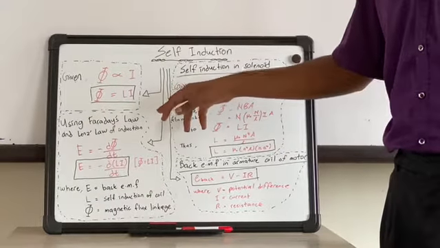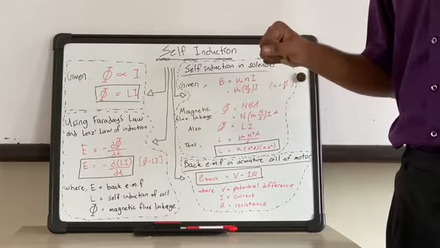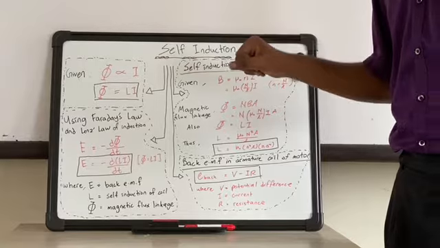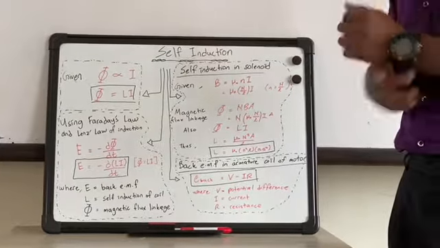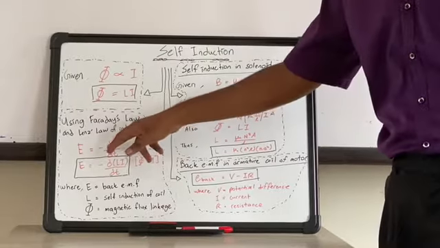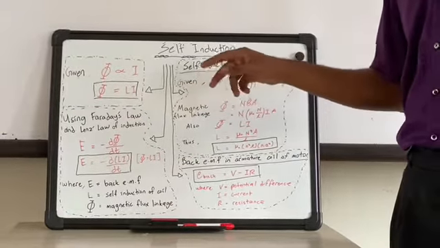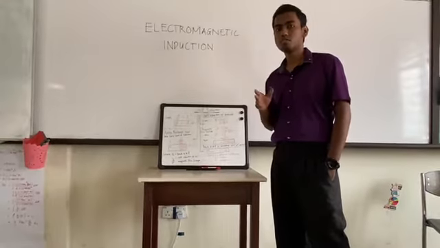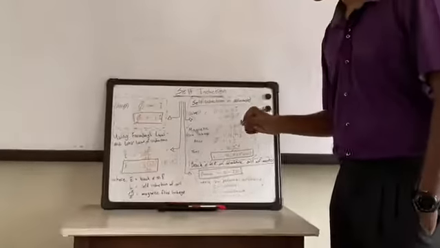As we know, Faraday's law and Lenz's law state that the induced EMF is directly proportional to the rate of change of magnetic flux, and there should be a negative in front because the direction of the induced EMF is opposite to the change of magnetic flux.